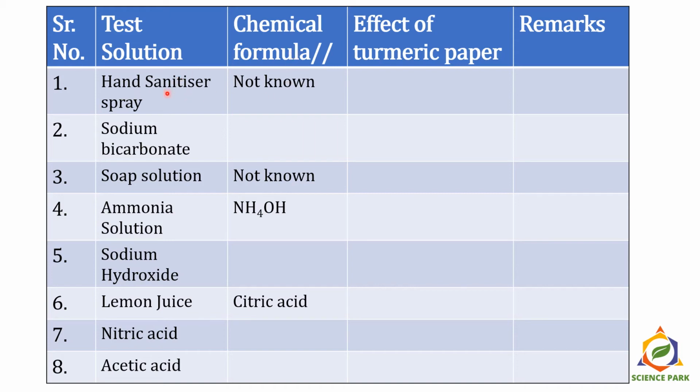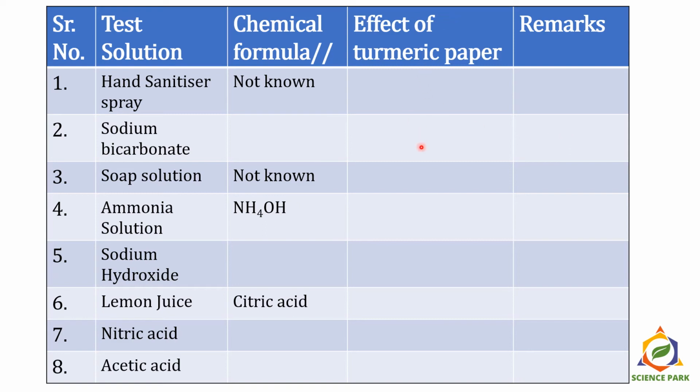Chemical formula for sanitizer we don't know, so you can write that you don't know the chemical formula. But for example, for sodium carbonate you have to write the chemical formula in this box. Then you write your observation as the effect on turmeric paper, and the remarks. The remarks will be whether the given substance is acid or base.